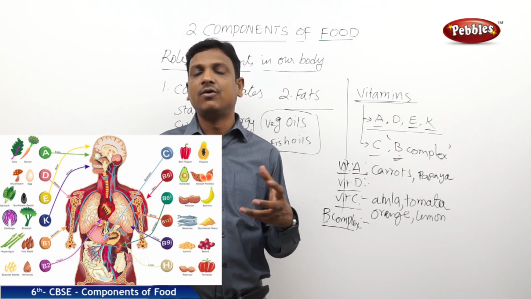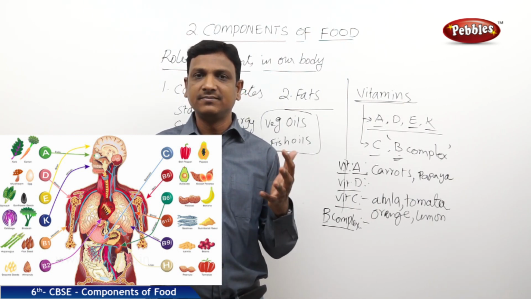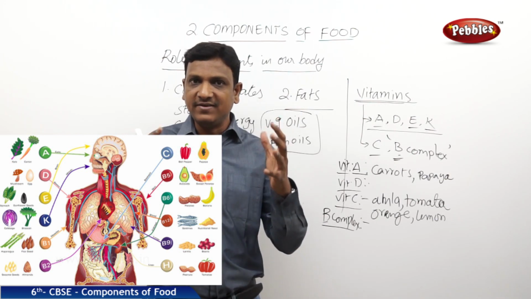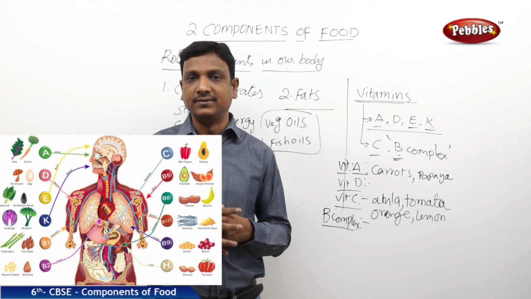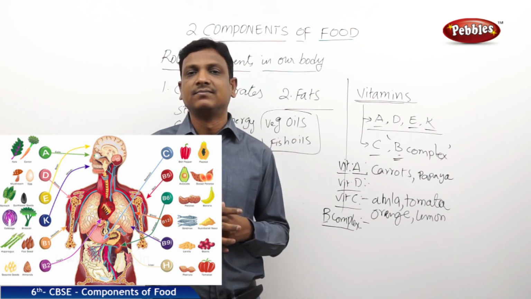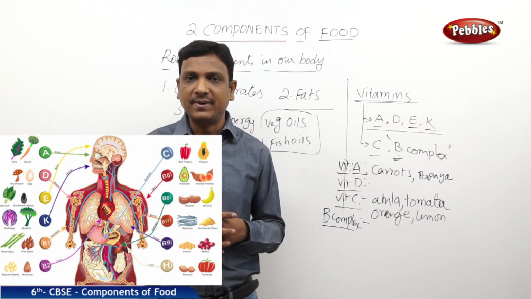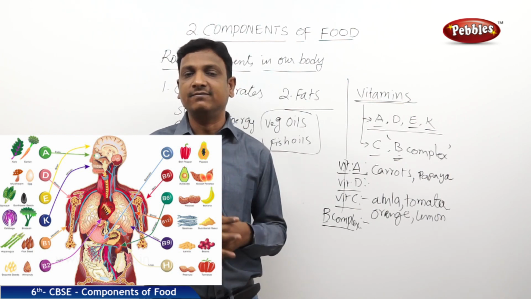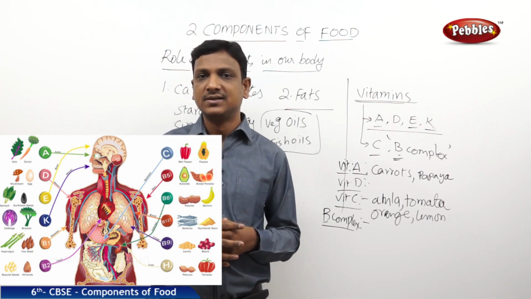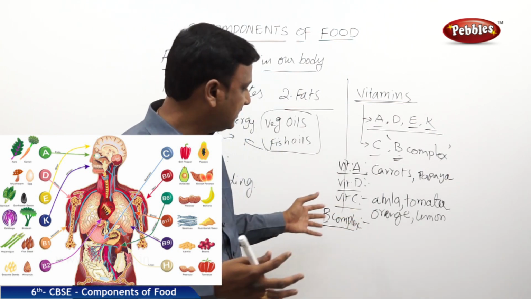Otherwise, they will give complaints like shivering, the nerves become weak. So they need a greater vitamin supply. Nervousness, sweating, body pains, poor digestion, these complaints the old people give because their diet is deficient of these vitamins.